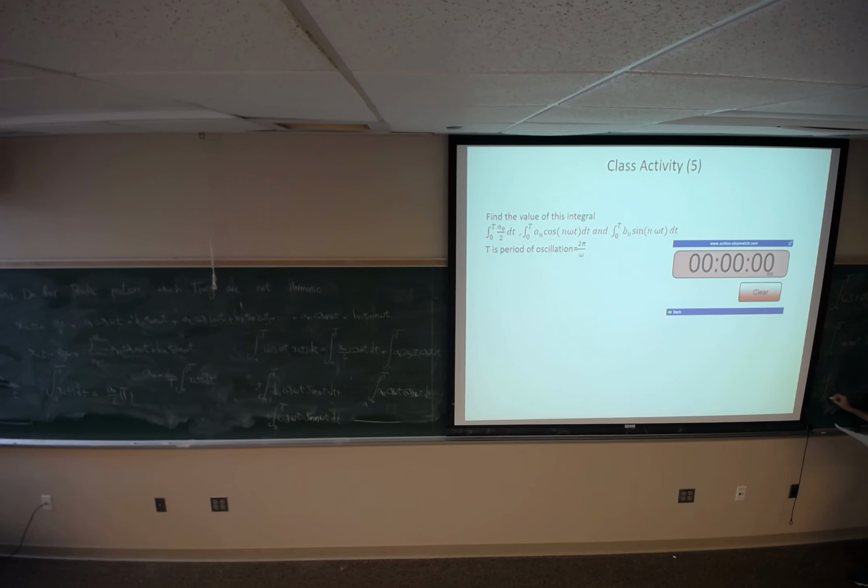And from 0 to T, the integration of cosine of n omega t times sine of m omega t is always equal to 0.